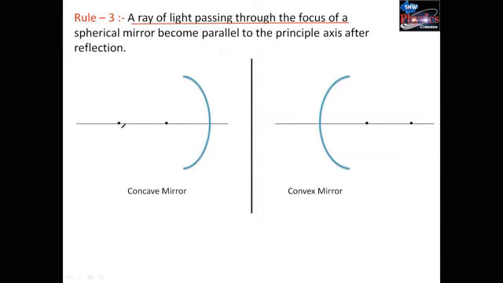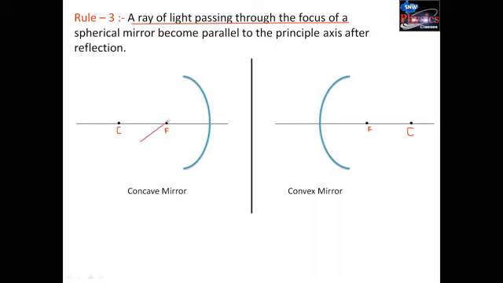Let it be C again and ये हमारा हो गया focus. Also here we will draw. It is focus and it is the center of curvature. What happens here is it is just the opposite of the first rule.